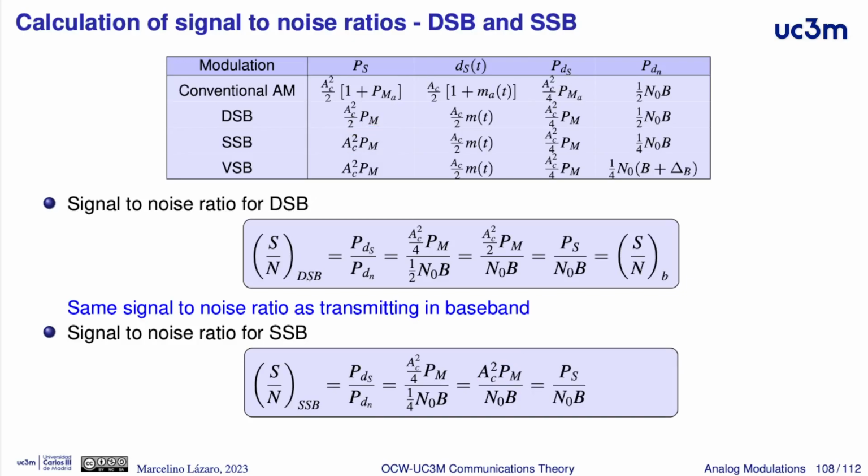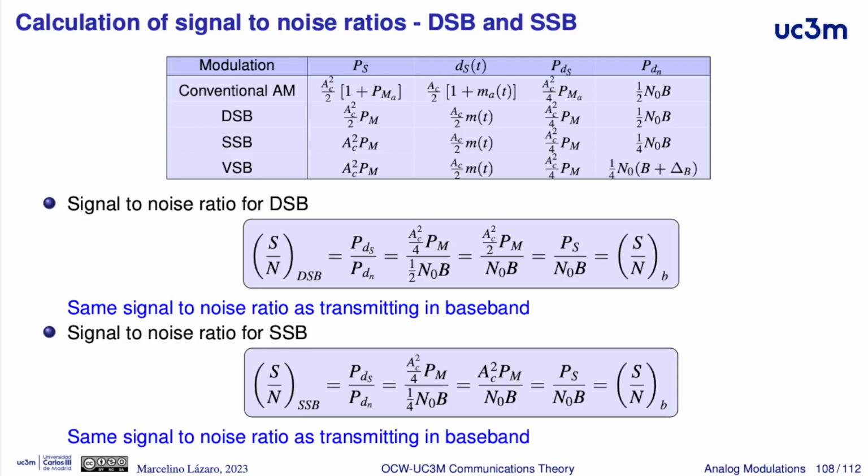Therefore, what we have is PS divided by N0 times B. What we have is the same result as in transmission for a baseband signal. As a conclusion, the double sideband modulation and the single sideband modulation have the same signal-to-noise ratio as in a baseband transmission.